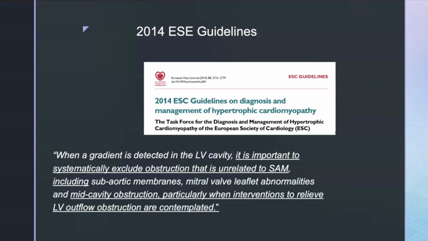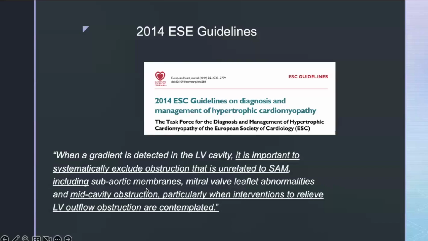I'm going to come back to your point, but I think it's relevant. I'll just finish what I'm thinking and then I'll come back to it. So zoom in, anatomically look for SAM. Zoom in to look for any subaortic membranes, any mitral valve abnormalities, and then have a look and see is there any midcavitary obstruction, true obstruction, meaning there's two separate cavities.